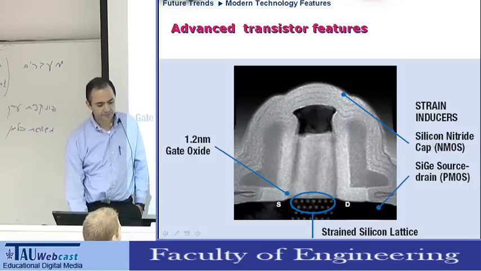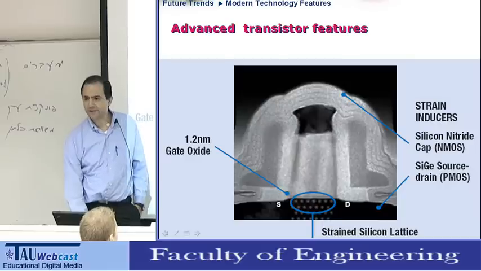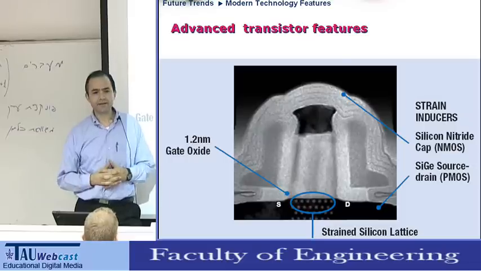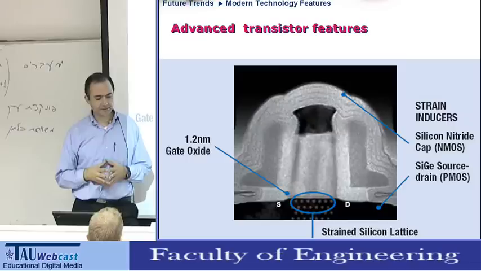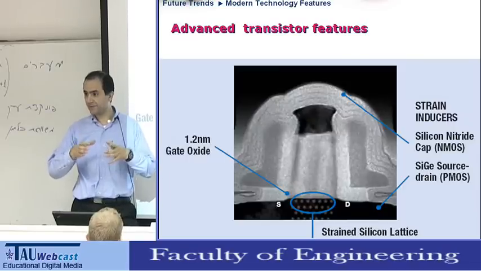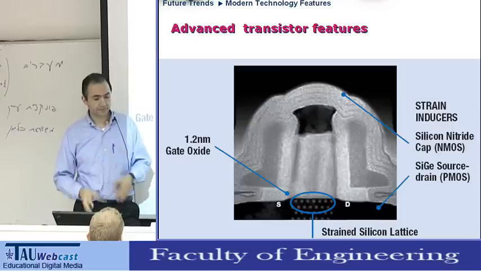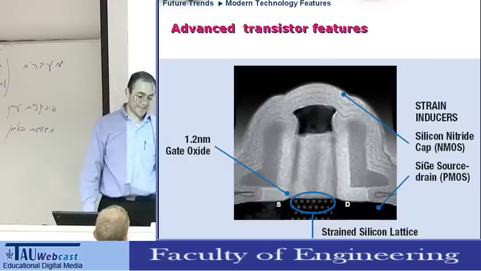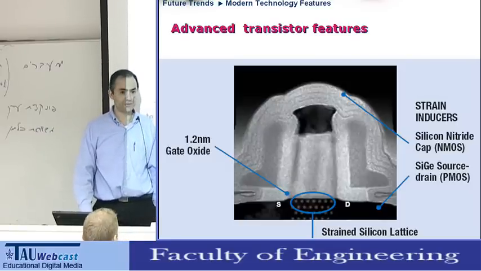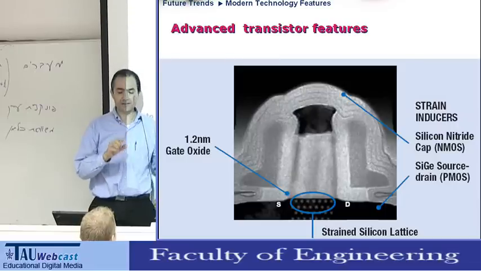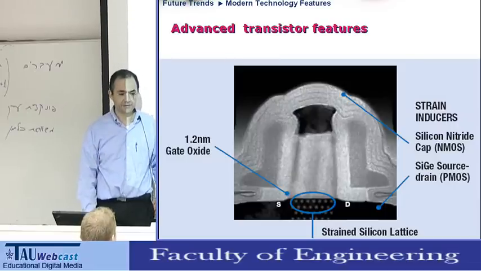We also use source and drain from silicon germanium. This allows us to control the stress or the strain because silicon germanium has a different lattice constant. The cell size is bigger than silicon itself. Dislocations, of course, actually happen, and we need to have a very good process to avoid them. One of the ways to avoid them is to do it on thin layers, so the stress doesn't have to release itself through dislocations.